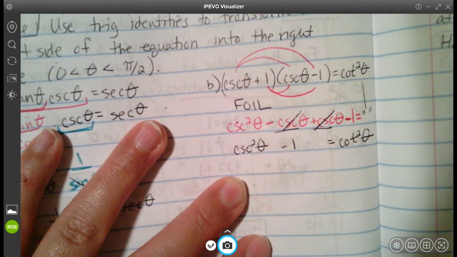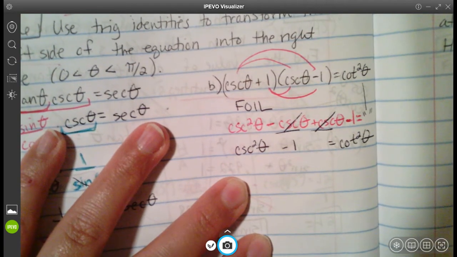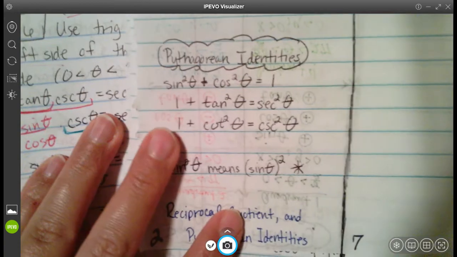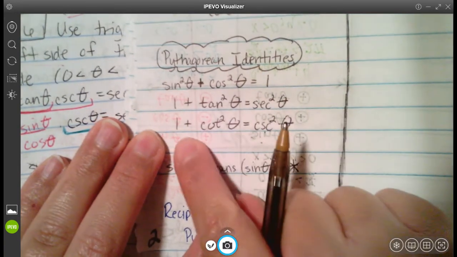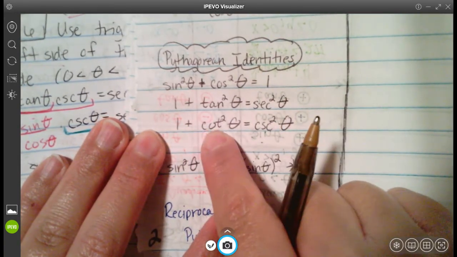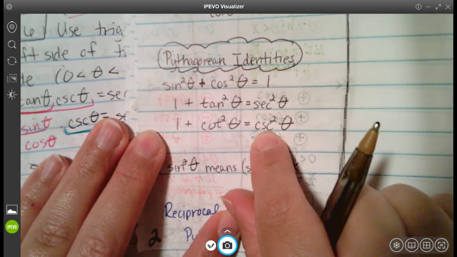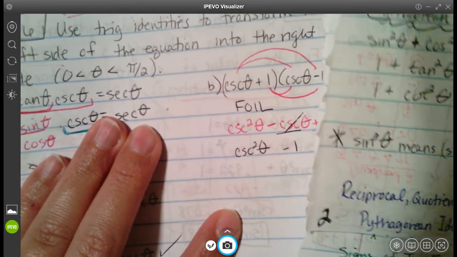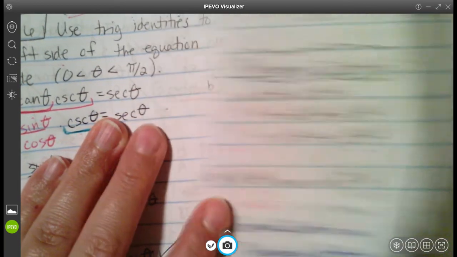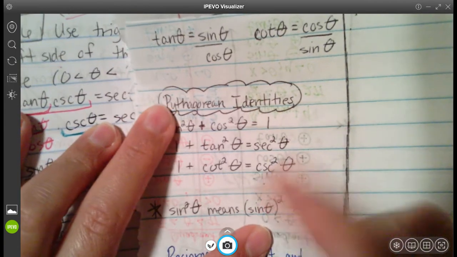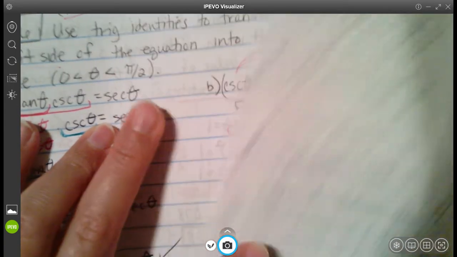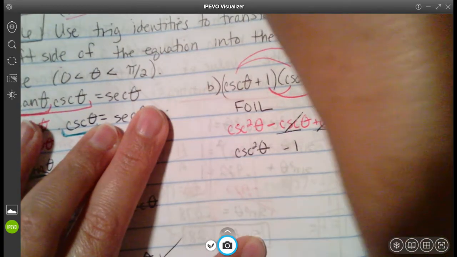So I think, if I remember right, that actually is one of the properties. So let me go ahead and look. Let's see, Pythagorean identities. I have this one, 1 plus cotangent squared equals cosecant squared. So I can maybe mess with this a little bit. What if I replace cosecant squared with 1 plus cotangent squared theta? Let's try that.